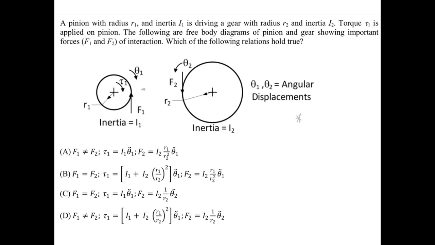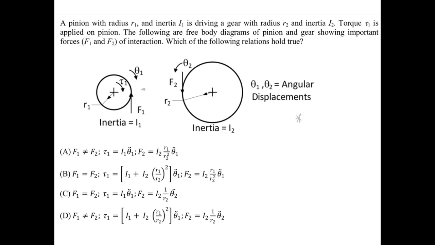Okay, now I hope you have read the question at least once. Here we have a pinion which is driving a gear. The large one is the gear, the pinion is the small one. We are applying a torque in the pinion, so it is rotating in the clockwise direction due to the torque applied on it. Then obviously the gear will rotate in the anti-clockwise direction. Theta 1 and theta 2 are the angular displacements.